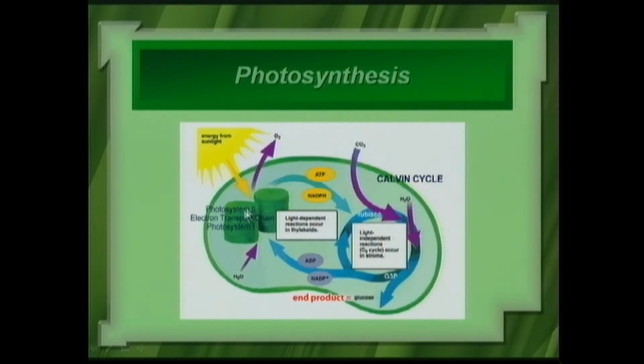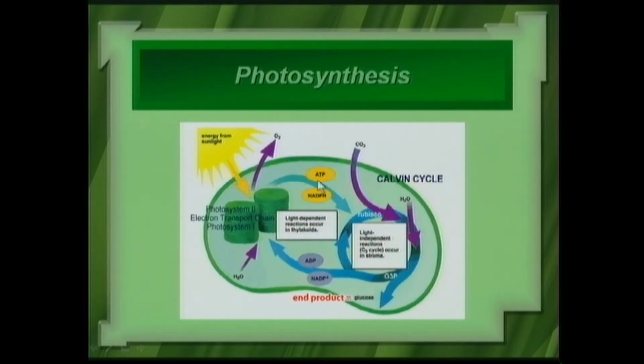Next, another photon of energy hits photosystem 1. Same thing: the energy bounces from one molecule to the next, raising the electron to an excited energy state, and the electron is again passed down a series of electron carriers to form NADPH, which ferries the electron and the hydrogens over to the Calvin cycle.